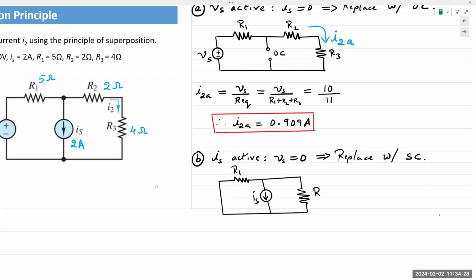This is R1. I'm going to call this R4. R4 is simply the sum of R2 and R3 together.